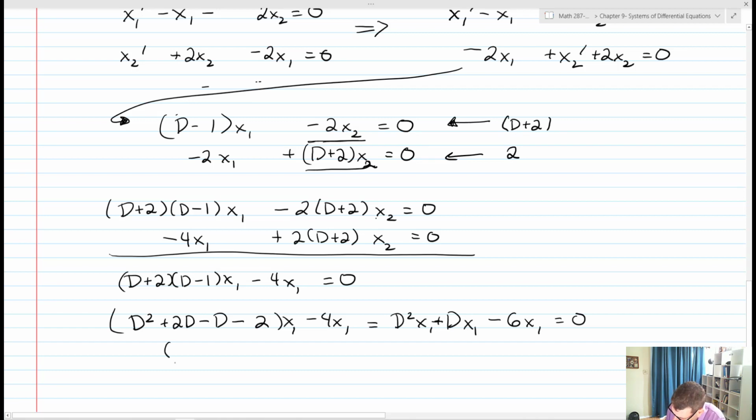And if we rewrite that, that's now going to give me (D plus 3)(D minus 2) x1 equals 0.